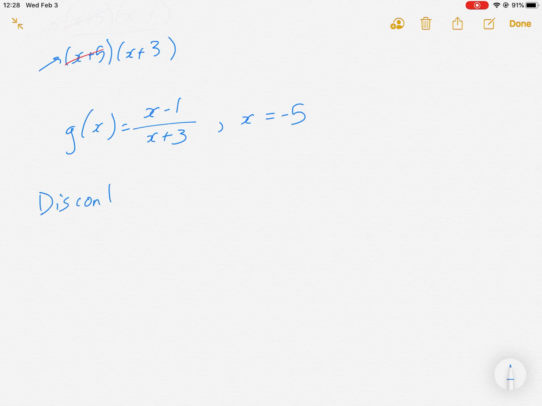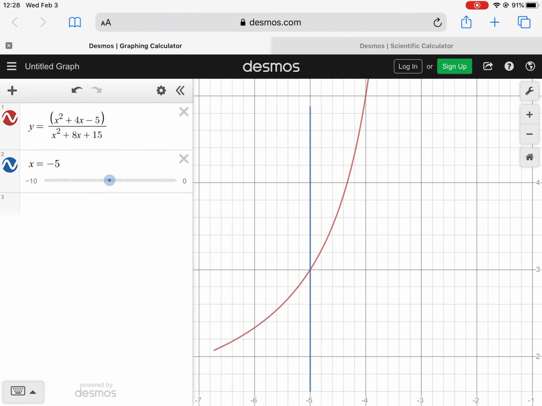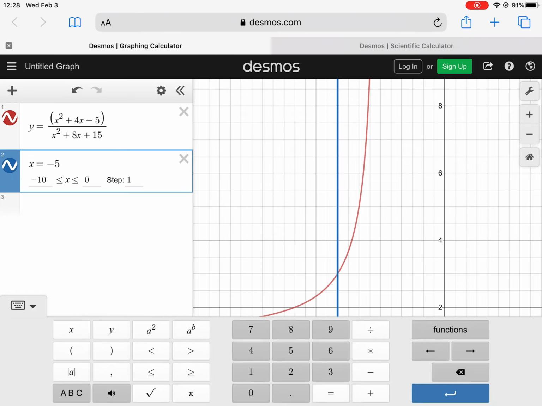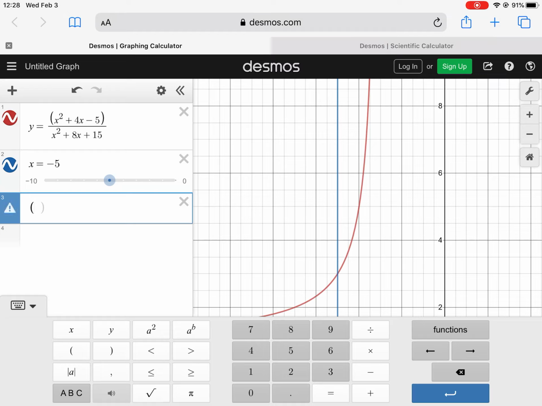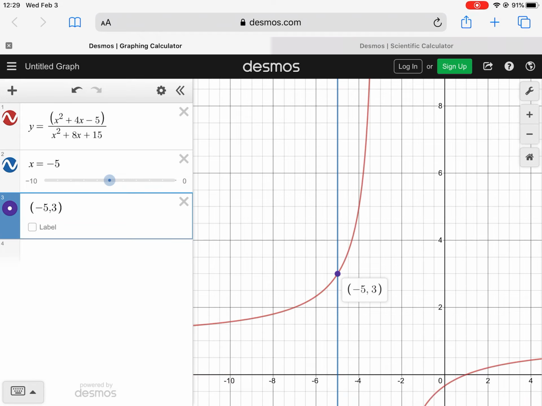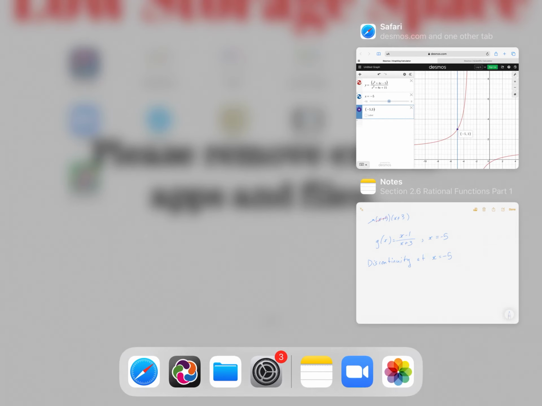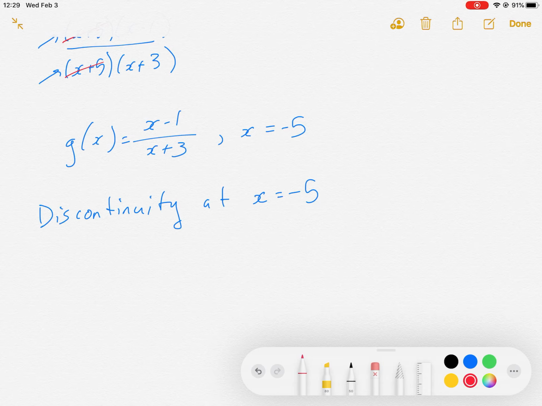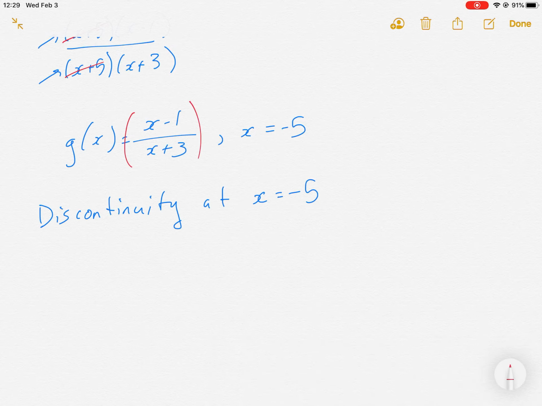In this case, we would say there's a discontinuity at x equals negative 5. More specifically, if we look at the graph here, it looks like the hole occurs when x is negative 5 and the y value is 3. We can show this algebraically as well. If there's a discontinuity at negative 5, let's double check this.